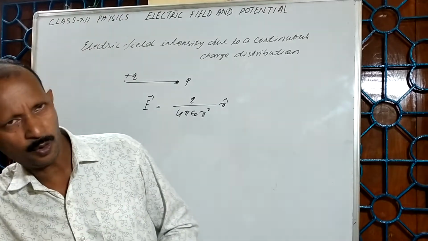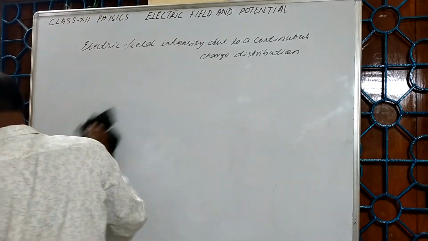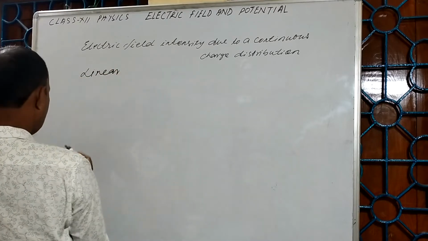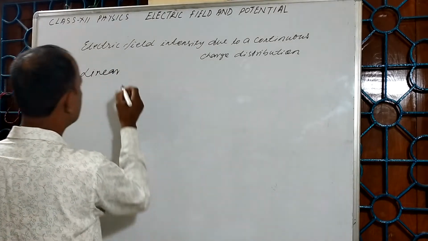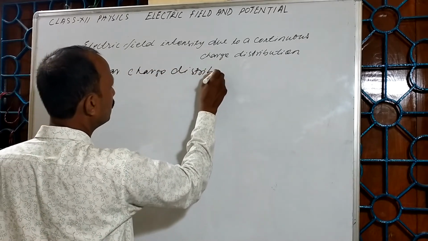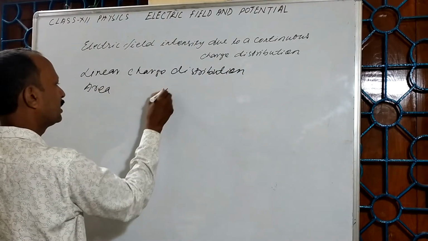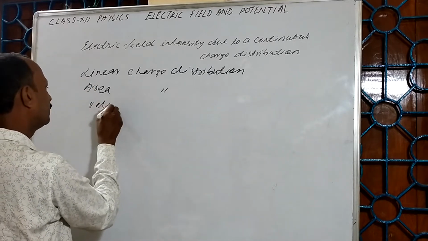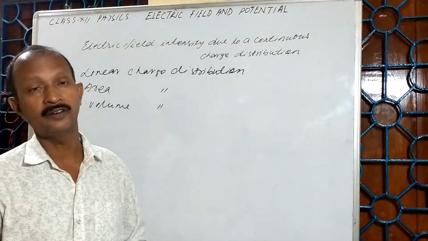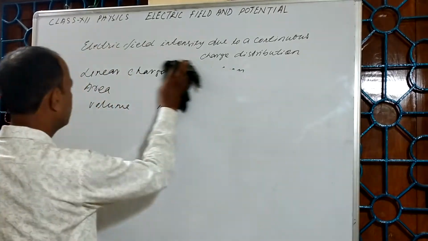If it is a charged body, then the charge distribution may be linear charge distribution, area charge distribution, or volume charge distribution. Then how will we calculate the electric field due to a continuous charge distribution? Let us see.